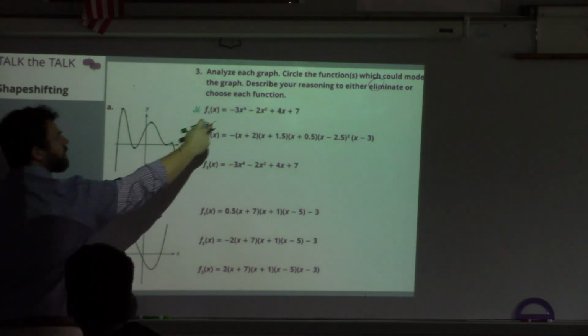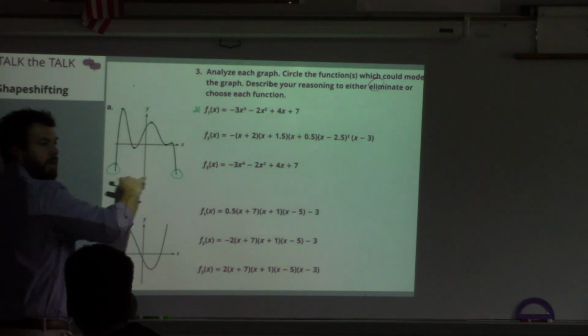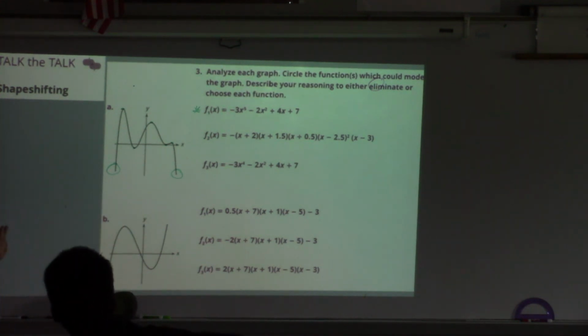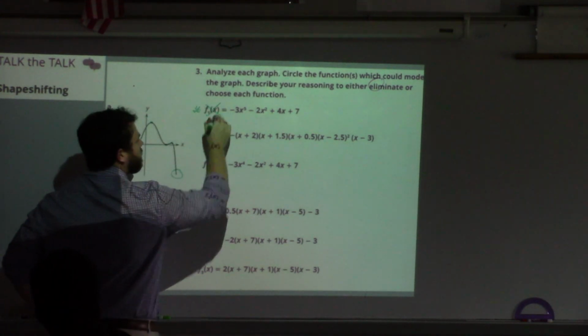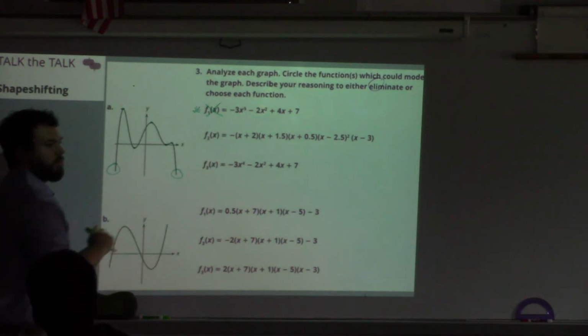I would have just looked at the end behavior. The end behavior is in the same direction, so we know the degree has to be even, and F1 is an odd degree. So there are lots of different ways you could justify saying no for F1: the end behavior, the degree, any of those. No, it's not that one.